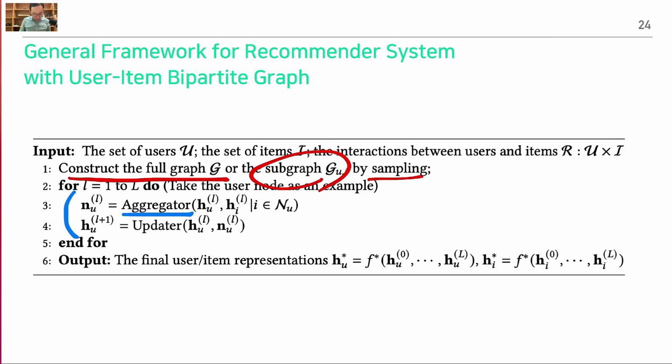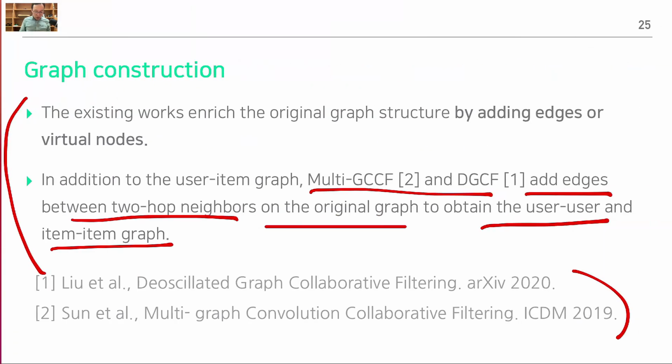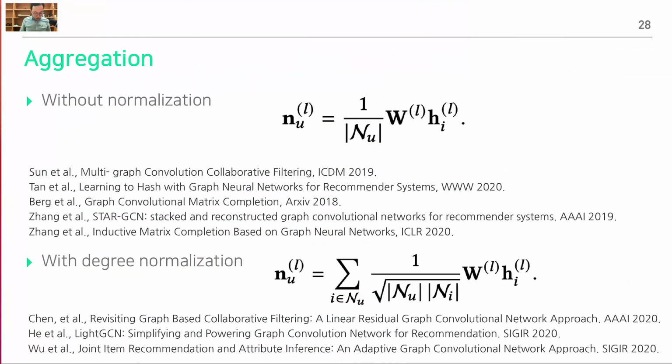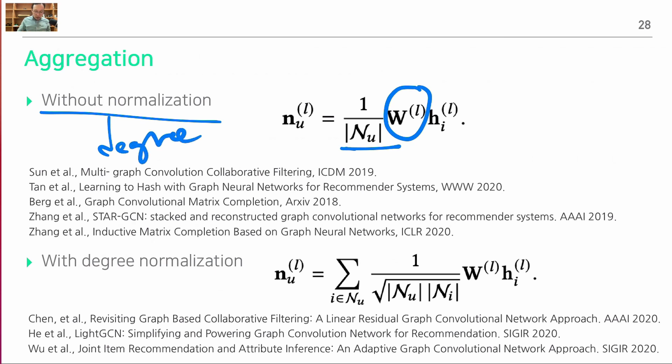To decide the neighborhood, we may just aggregate the neighbors, multiply by the weight matrix, and normalize by the number of neighbors. Here I'm saying that without normalization, we don't consider degree normalization. It is just normalized by the number of users.